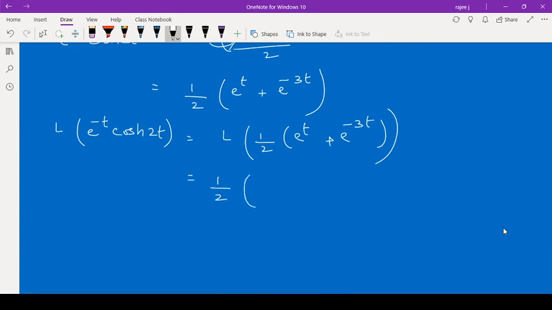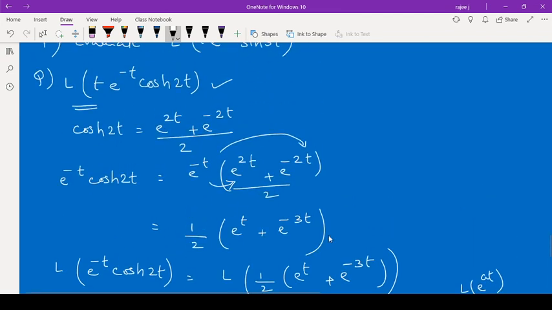L of e raised to t is 1 upon s minus 1, because we know L of e raised to at is 1 upon s minus a. Here only e raised to t, so a is 1. So it is 1 upon s minus 1, plus, for e raised to minus 3t, 1 upon s plus 3. So that is the Laplace transform of e raised to minus t cosh 2t.